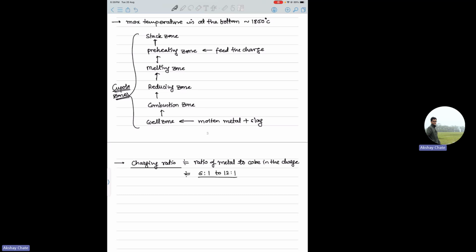So this is the range for the optimum charging ratio. If you have 6 tons of metal, you need to use 1 ton of coke in the charge, like that. And then you have some correlations for how much lime or flux to use. Those things are also there, but this is the important ratio, the charging ratio.